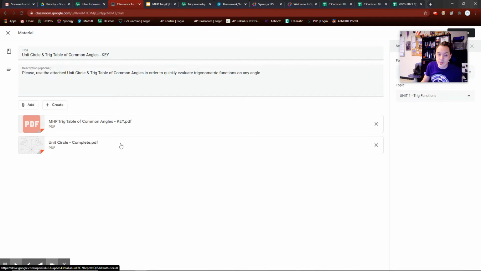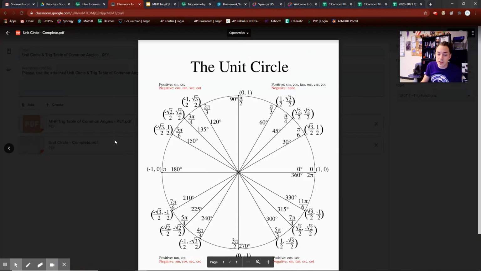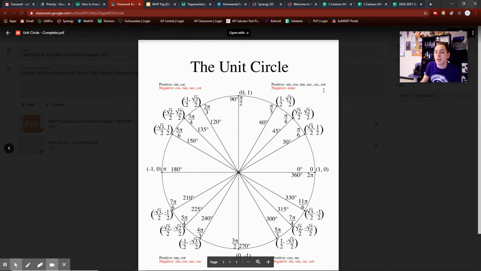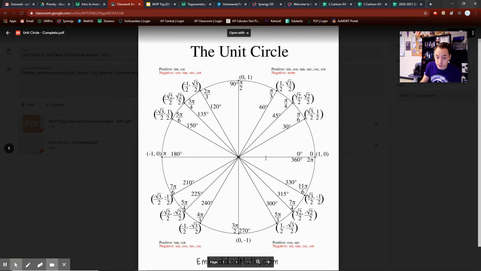You'll see something like this. So first of all, the unit circle looks like this. If you were taking algebra 2.2 with me last year, you would have seen this. I've given you the key. You can print this off if you want to. It's yours to do whatever you want with.